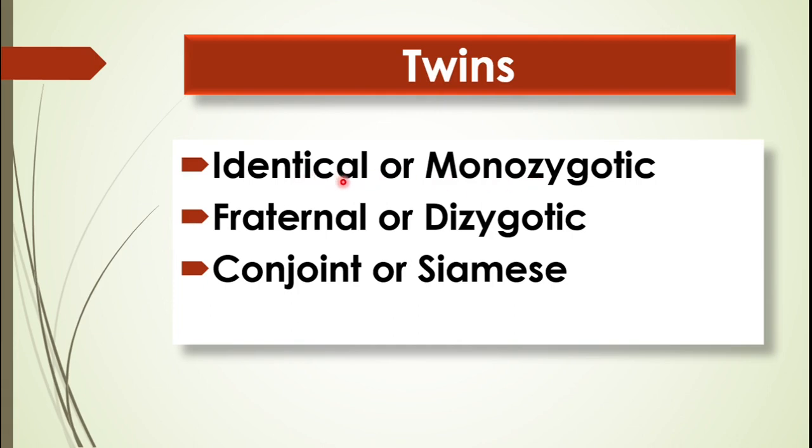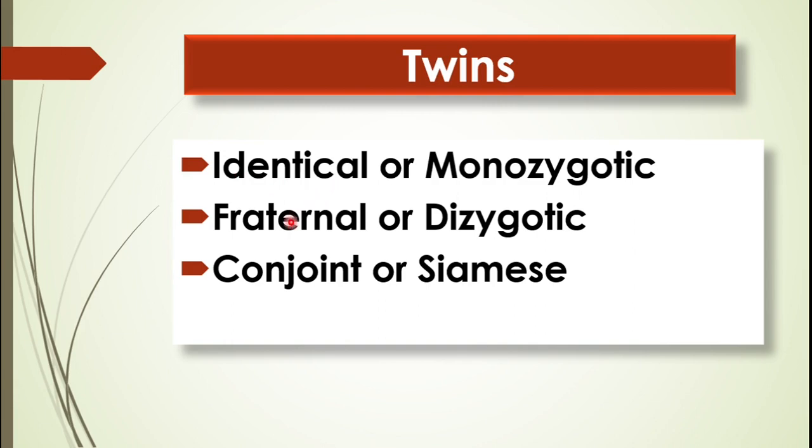Identical as far as sex is concerned, also with respect to the genetic constitution. Because remember, it has developed from one single ovum and one single sperm. After fusion, it has separated itself into two independent zygotes. So we call it monozygotic. It is developing from a single zygote, and hence they are identical with respect to the genetic makeup as well as the sex.